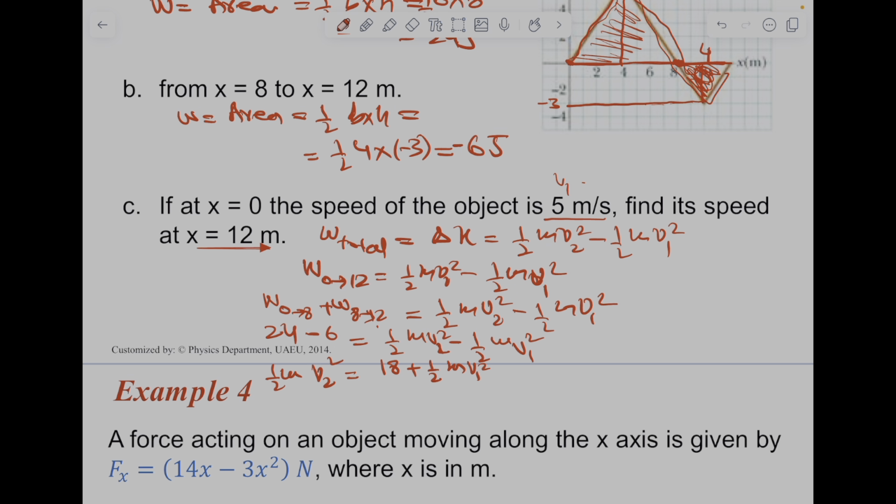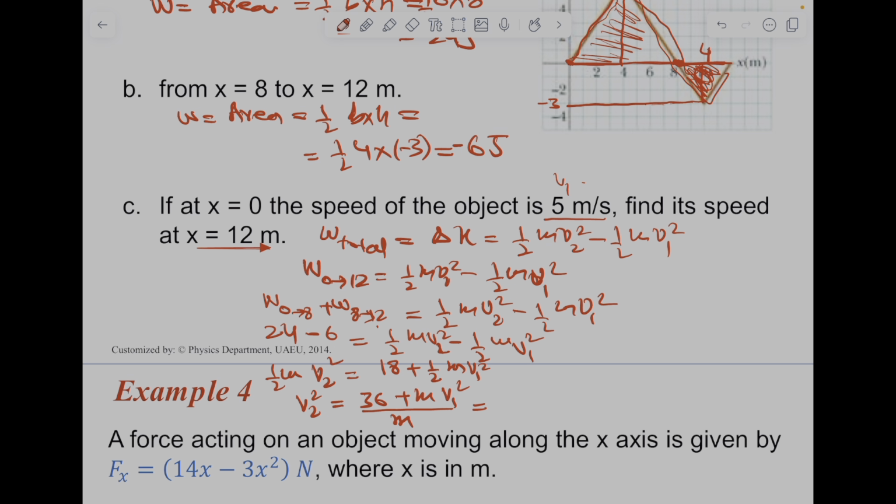Then we multiply by 2 and divide by m, and your v2 squared will be 36 plus mv1 squared, divided by m.